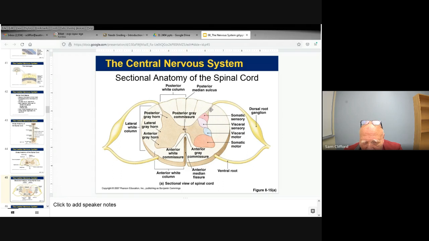All this information enters this part of the gray matter of the spinal cord, and then it's analyzed by interneurons, and then information is sent out to slow your heart or speed your heart, to cause peristalsis or movement of the gut for movement of food and mixing of food in your digestive system.